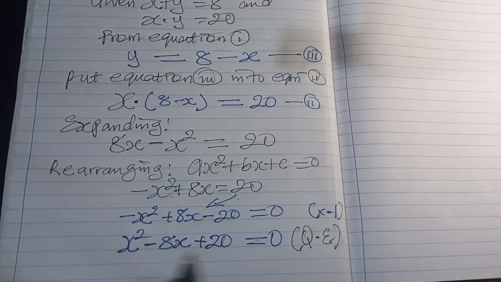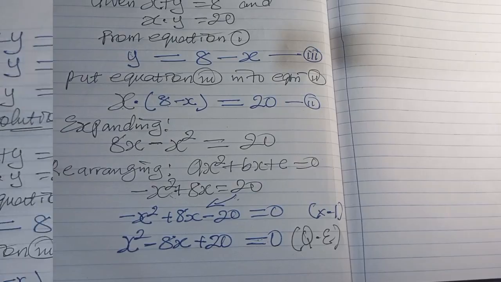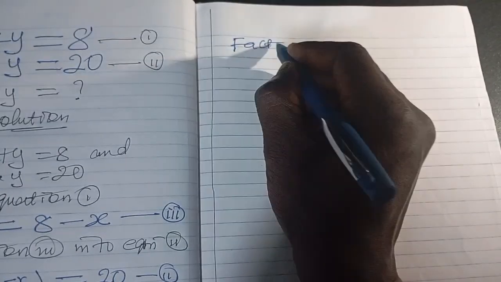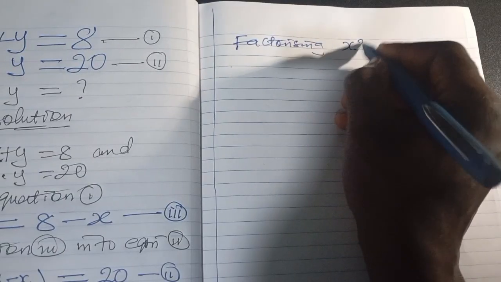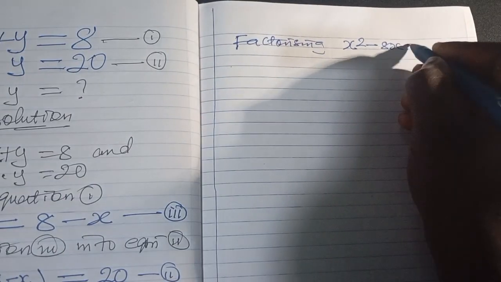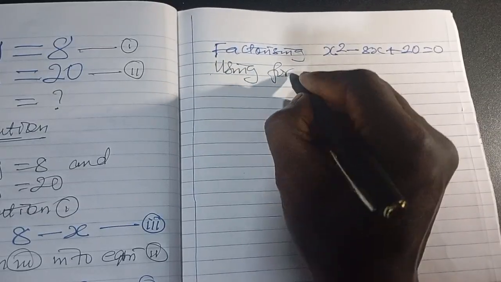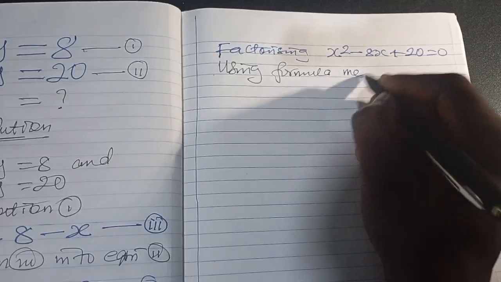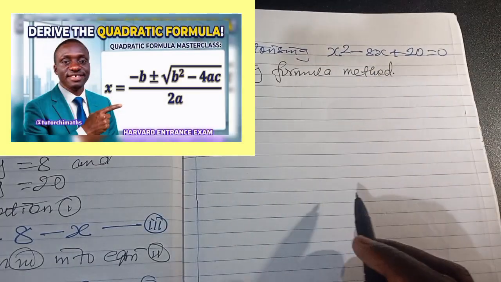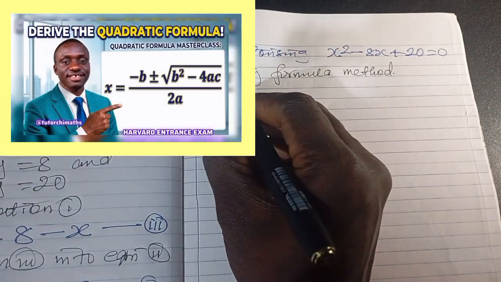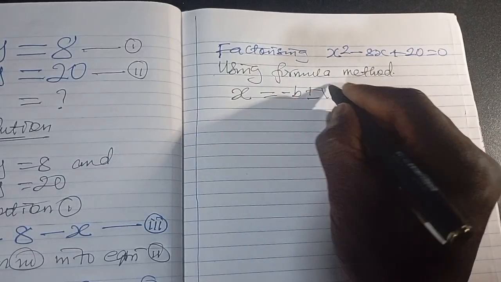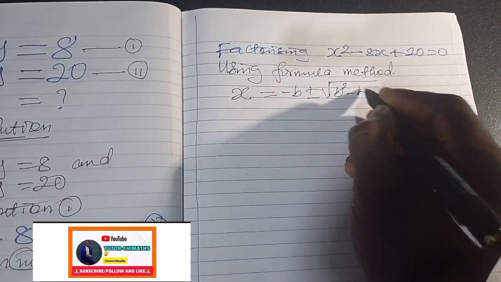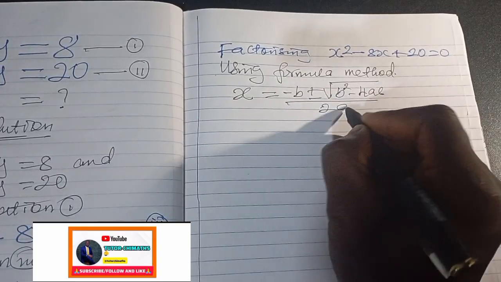So we are now going to factorize this expression, okay? Factorizing x raised to power 2 minus 8x plus 20 equals 0, using the formula method. Check my previous lessons for more on the formula method. Remember that in the formula method, x is equal to minus b plus or minus the square root of b raised to power 2 minus 4ac, all divided by 2a.